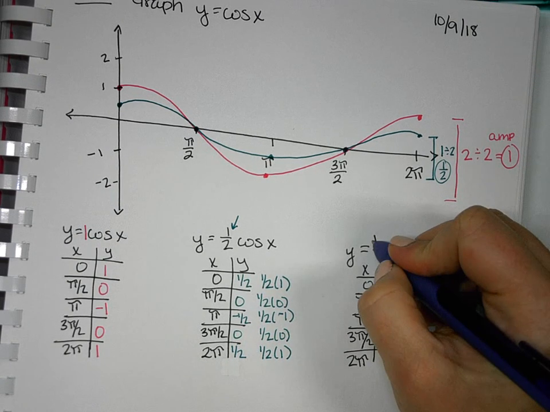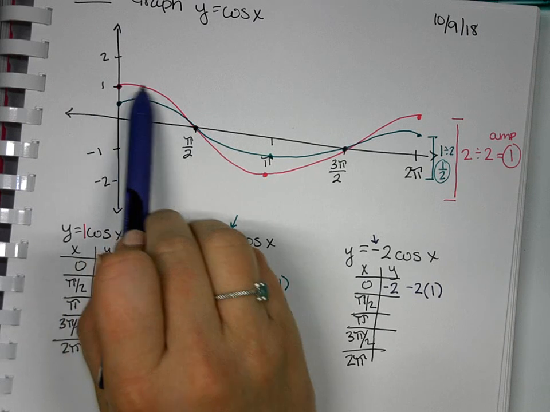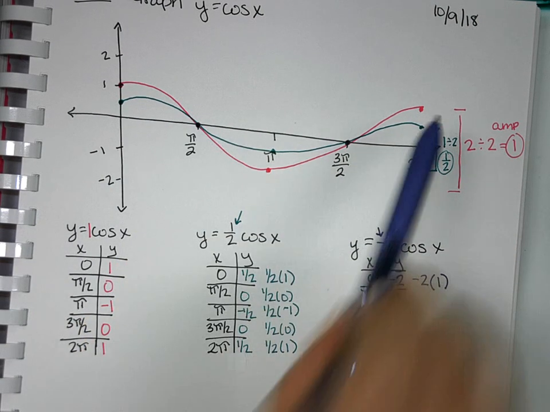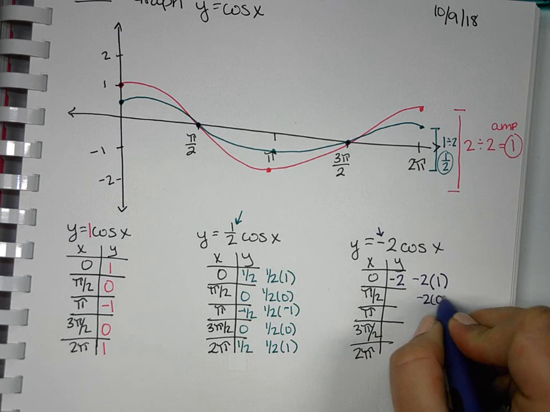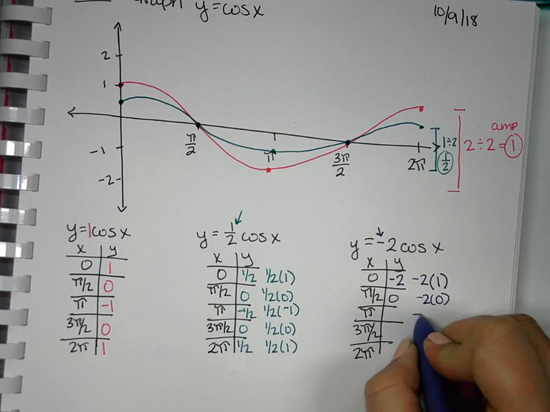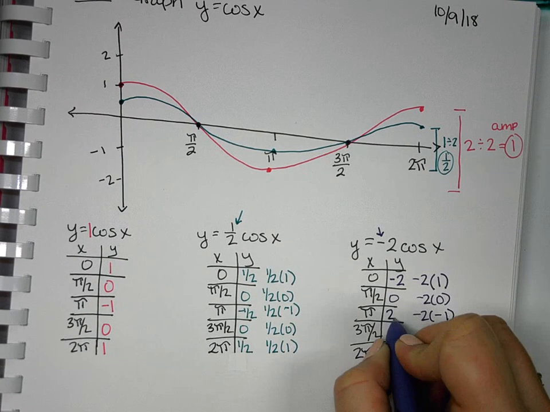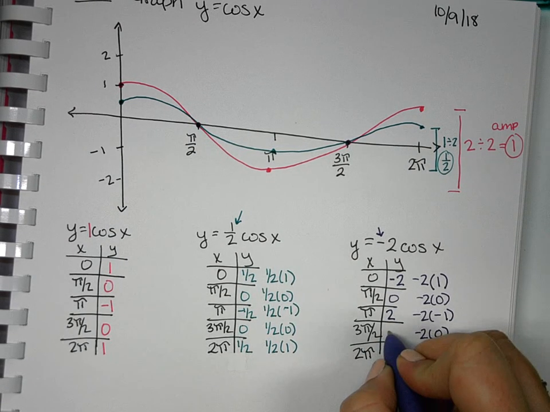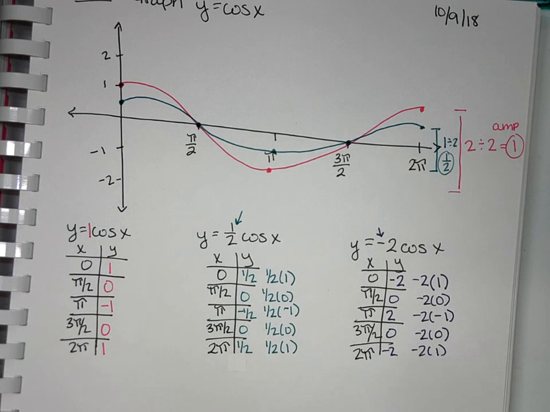So one of the things to remember, that negative is going to end up reflecting our graph. So instead of starting up and going through our pattern, we're going to start down and go backwards through our pattern. Pi over 2, cosine of pi over 2 is 0, so 0. Cosine of pi is -1, so -2 and -1 will bring us to +2. Cosine of 3 pi over 2 is 0, and cosine of 2 pi is 1, giving us -2.